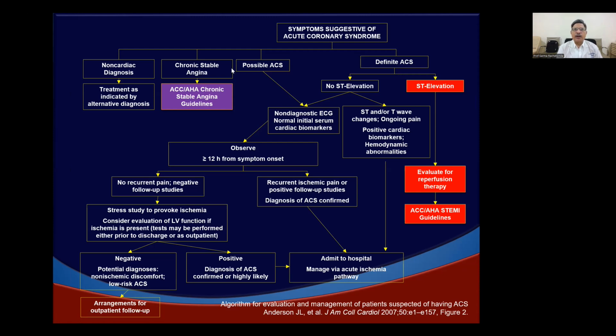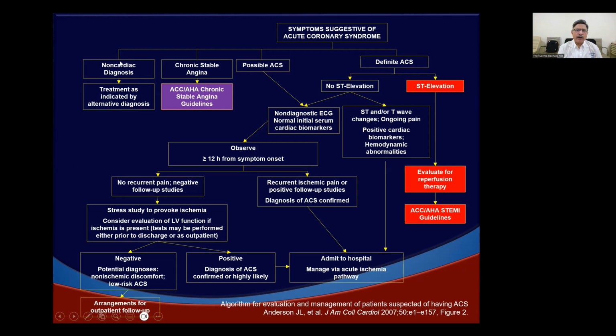Now, the other alternative is a possible ACS. Chronic stable angina: there is no acute thing going on, but he has crescendo angina, chronic stable angina, CSA, follow the angina guidelines. Non-cardiac diagnosis: treatment is indicated by the alternative diagnosis. If it is pleural effusion, you treat it. If it is some other cause, pneumonia or pulmonary embolism, treat the other causes.